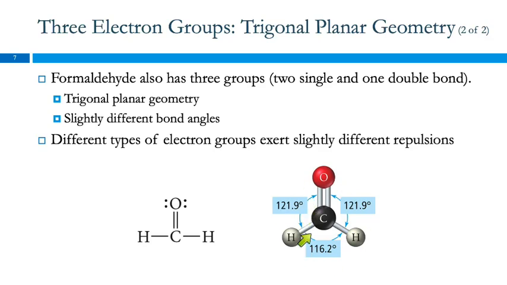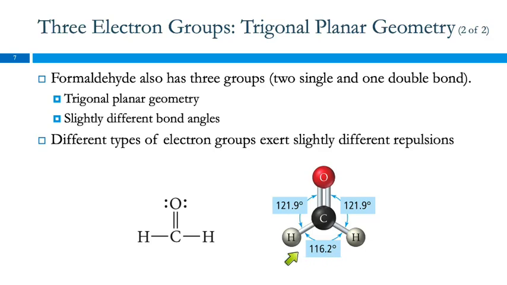So here we have an illustration of that. Here's the carbon, double bonded to the oxygen, these 2 hydrogens. The angles here are not perfect, though. They're not exactly 120, because that double bond is a little more repulsive than the single bonds. And so these single bonds are like, well, you're not as horrible as that one, so I'm willing to get a smidge closer to you so I can get a little further away from that one.